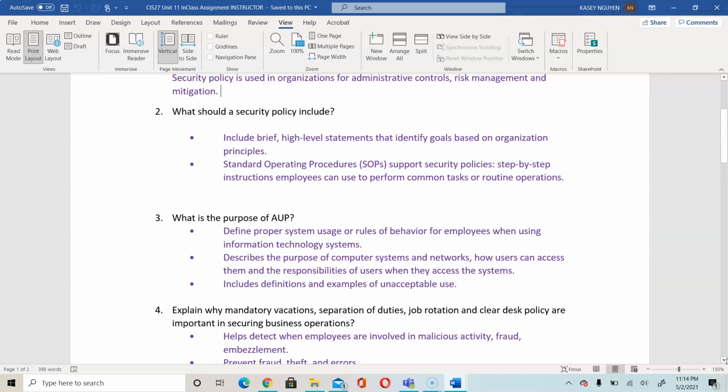It describes the purpose of computer systems and networks, how users can access them, and the responsibility of the users when they're accessing the systems. It includes definitions and examples of unacceptable use, and in many cases, companies would include violations information, so that we can see different levels of violation, and that will help with the legal repercussions, as I mentioned.